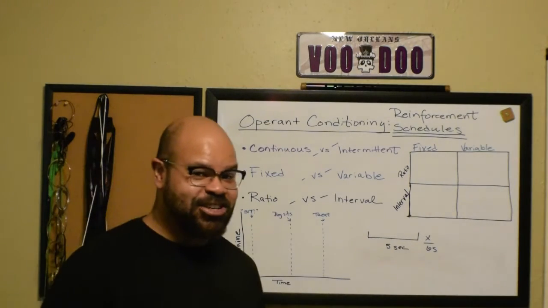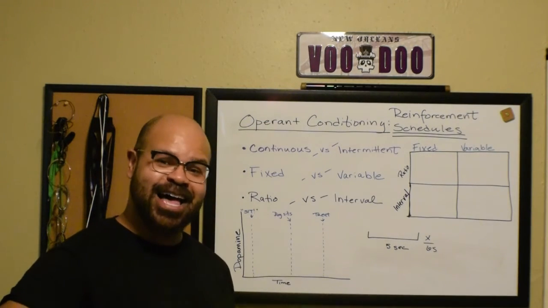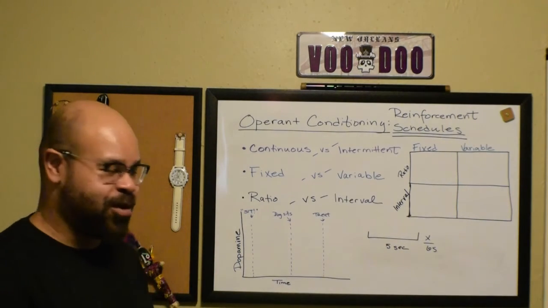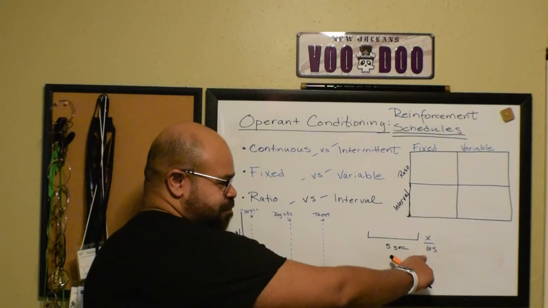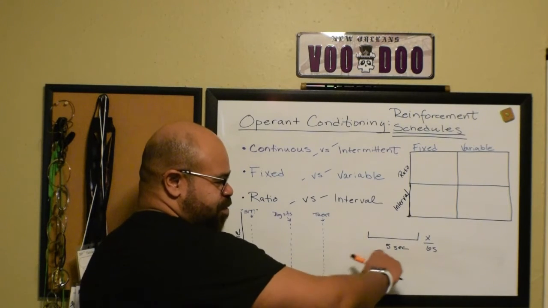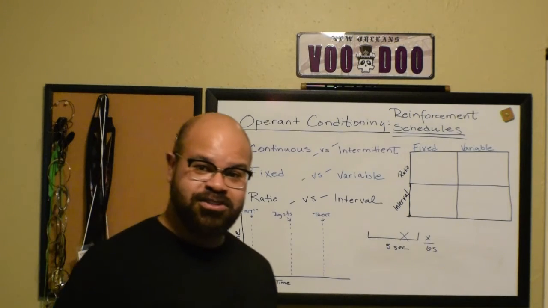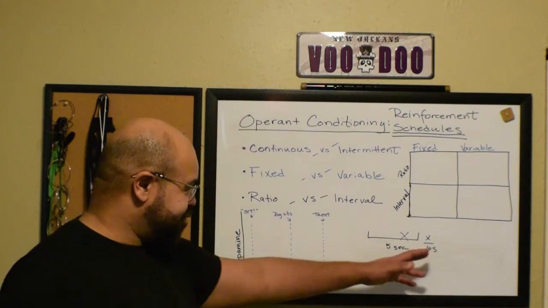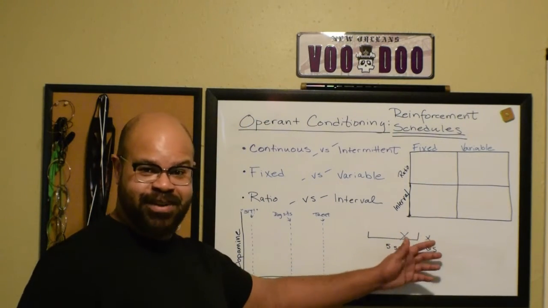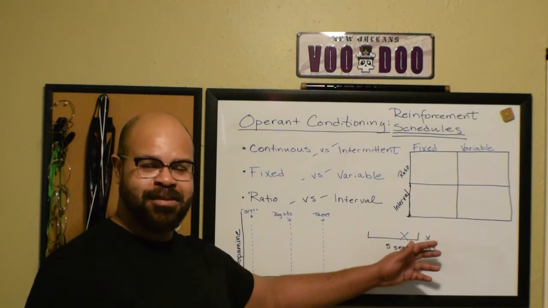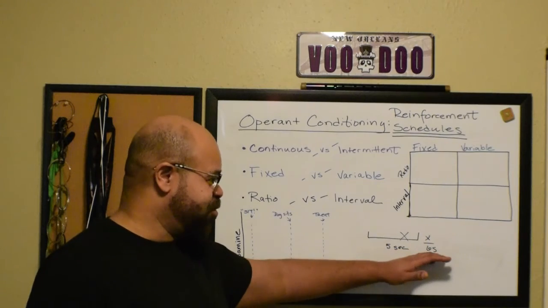Well, in this case, coming inside would be his reinforcement. In this case, he doesn't get that reinforcement, right? He missed the interval. So if he shows up within the 5 seconds, I try to let him inside, and he comes in to chill. But if he comes at second 6, and let's say I'm cruel, and even if I hear him show up at the door, I don't let him in at that time, well then he doesn't get the reward.